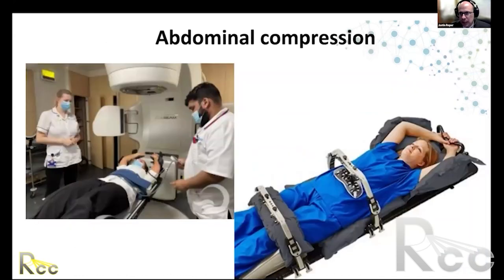The first step that is often used to mitigate respiratory motion, or to reduce the effects of that motion, is compression. And by that, I mean abdominal compression. Abdominal compression can be achieved by wrapping the patient with an inflatable belt, which can then be inflated to put pressure on the diaphragm to restrict the amount of motion.